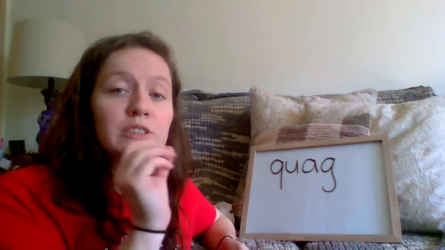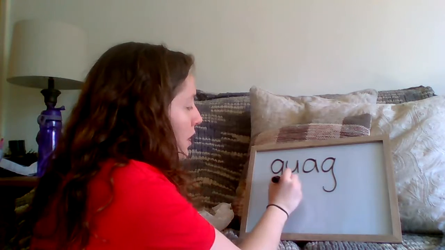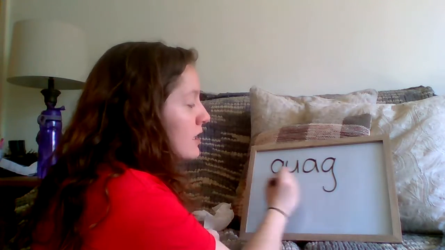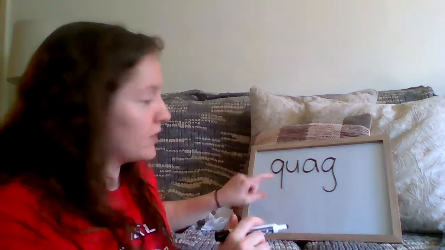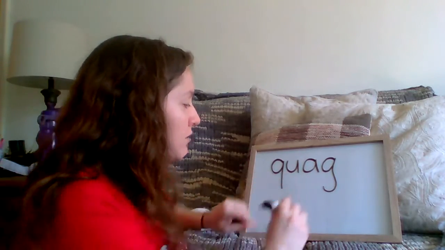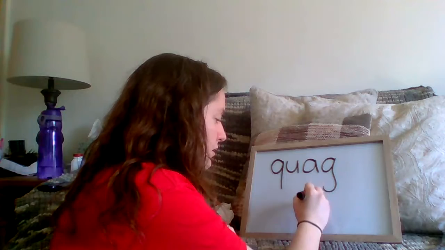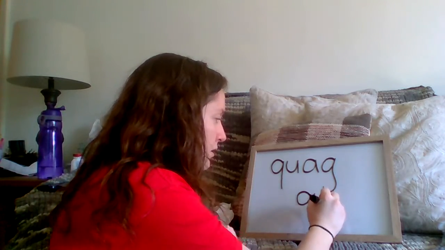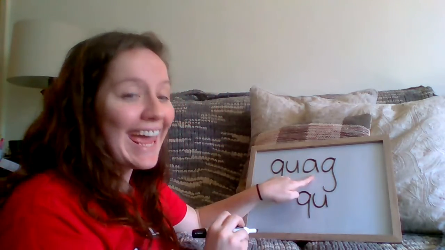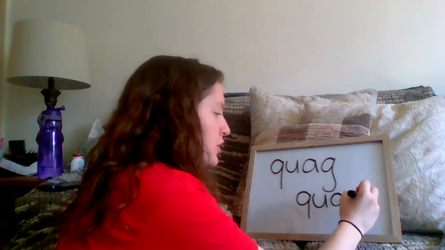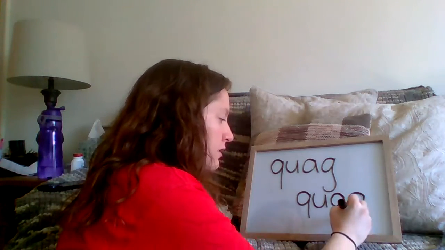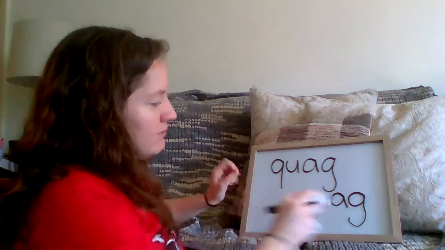Remember, the word I wanted was quag. Qua. A. G. Quag. Okay, we got all the sounds. Now it's time to write it. First letters were Q, U. Next letter, A. Last letter, G. Quag.